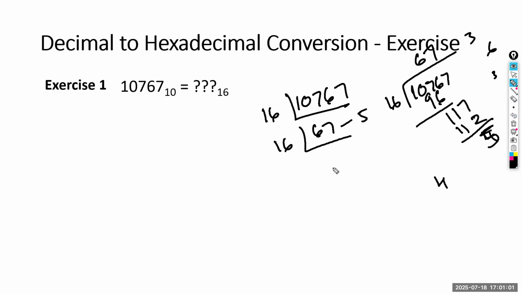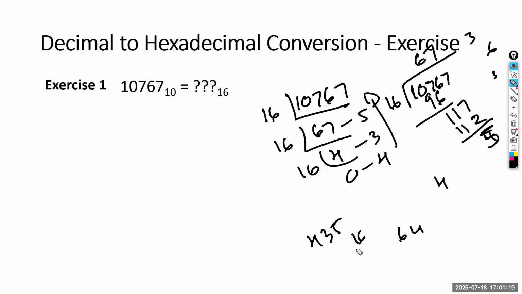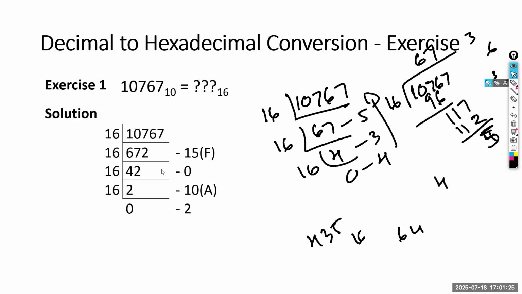Again divide by 16: 4, 64, 3 remains. 0, 4 remains. 435 in hexadecimal? Is it 435? Or did I make a mistake? Oh, I have made a mistake.